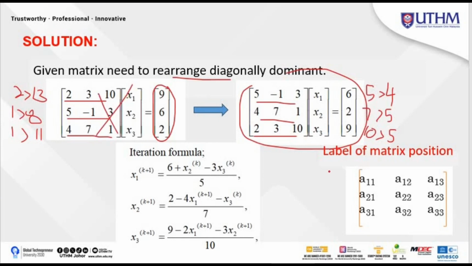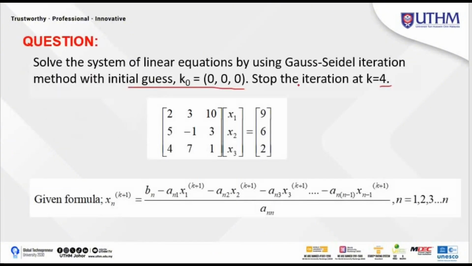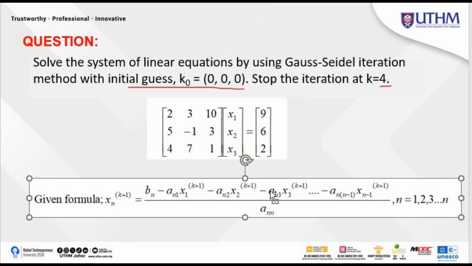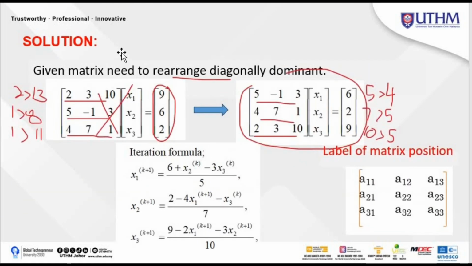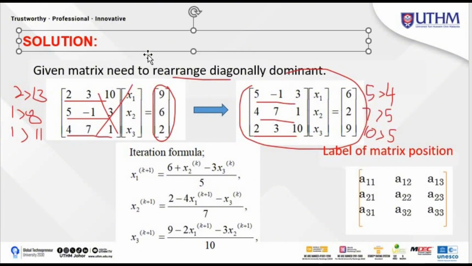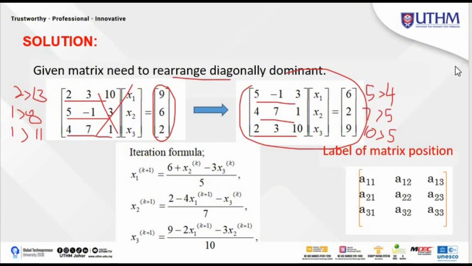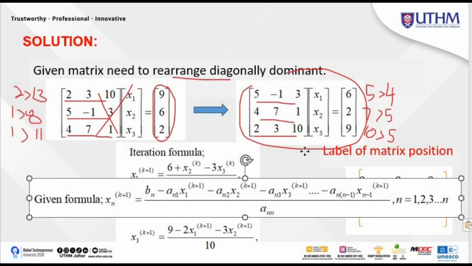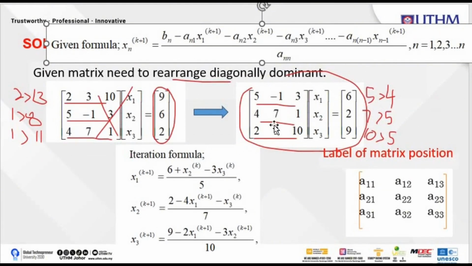Okay, for the iteration formula, we will use this one based on the question given. We try to copy and paste it here, so it's easy for us to refer.